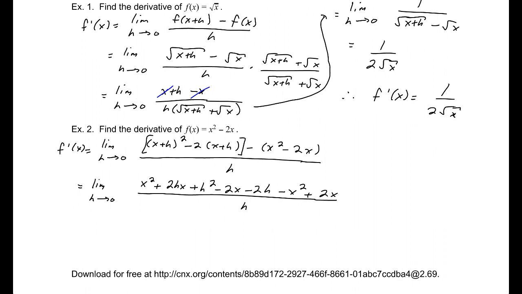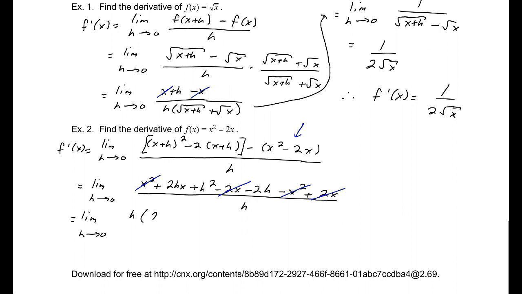All right, so taking that limit now, several terms should cancel out. In fact, every time we find a derivative function here, the slope function, everything that is a part of f of x should cancel out. So in this case, the x squared cancels out, the 2x cancels out, and if you notice, an h factors out. I'm going to go ahead and factor an h out.